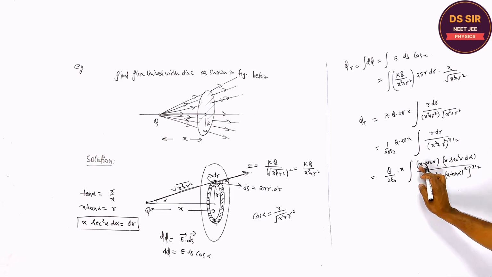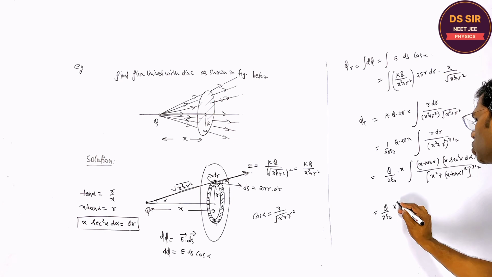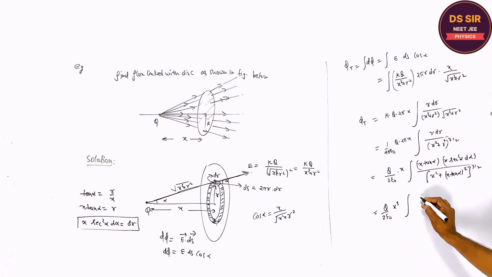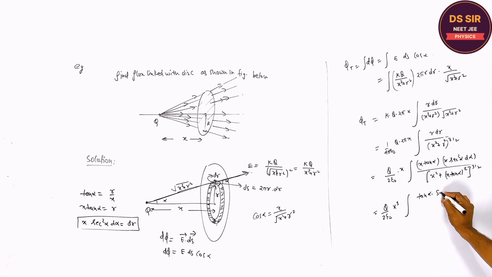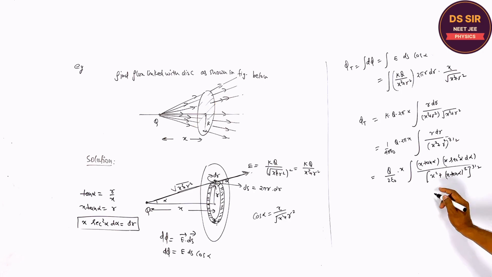So this x and this x cancel, and q upon 2 epsilon naught, the x cube comes out of the integration, tan alpha into sec square alpha in the numerator, and this is d alpha. Is it clear? Now I'm simplifying this first: x square plus x square tan square alpha raised to the power 3/2.